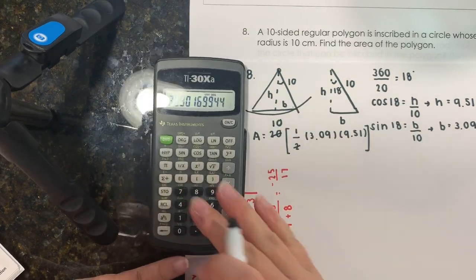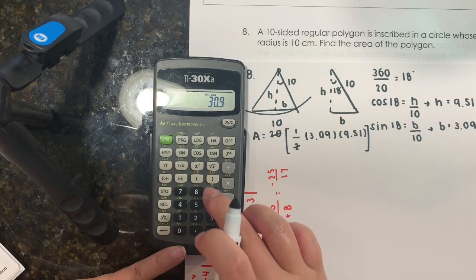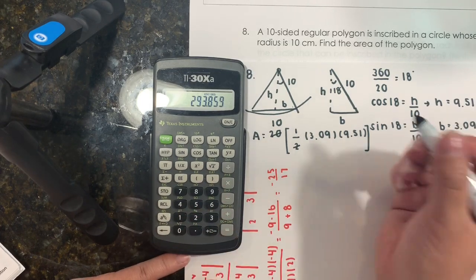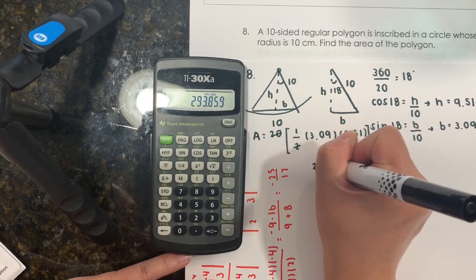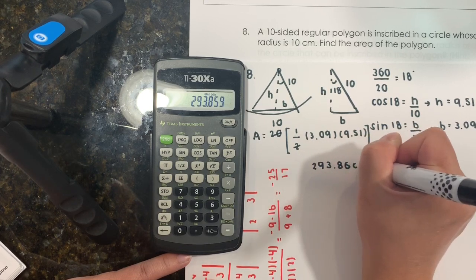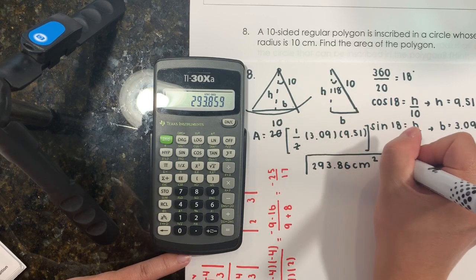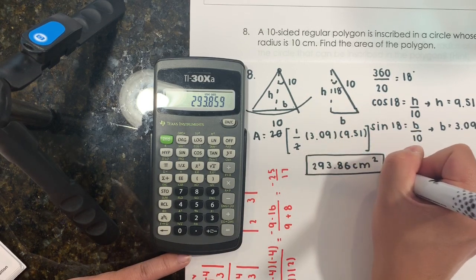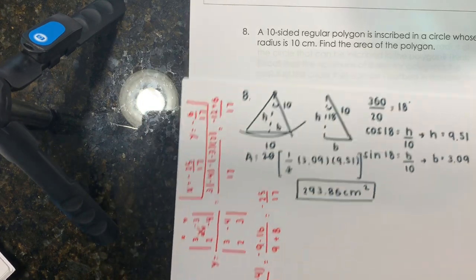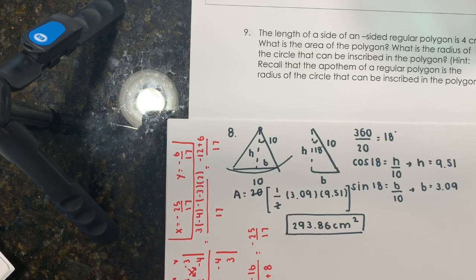So essentially I'm going to do 10 times 3.09 times 9.51 equals 293.86 centimeters squared. So use cosine and sine to solve for the height and for the base, and then I just use the area of a triangle to solve for the area of the polygon.